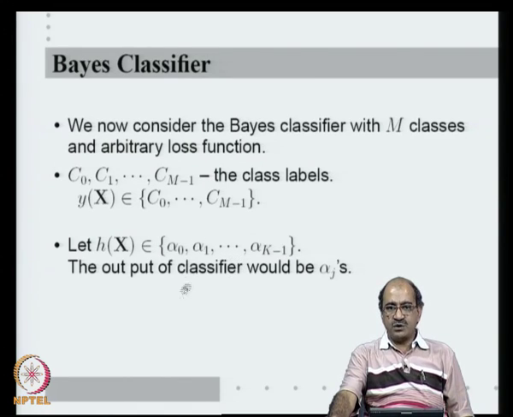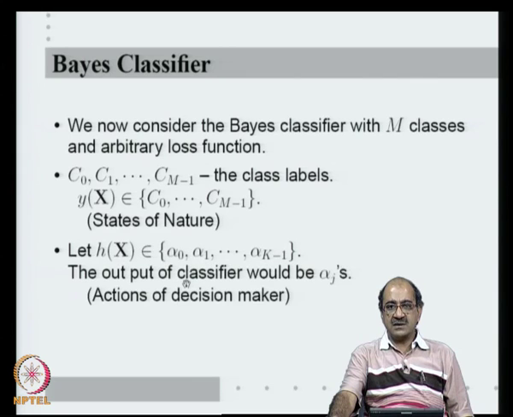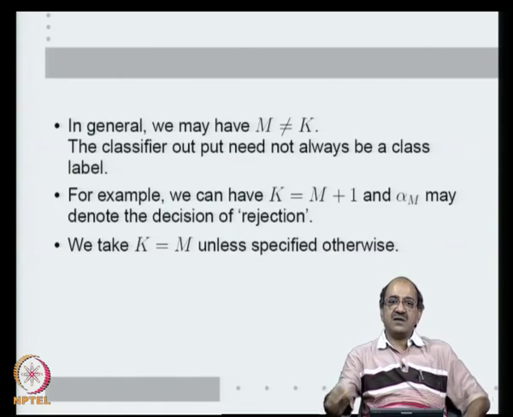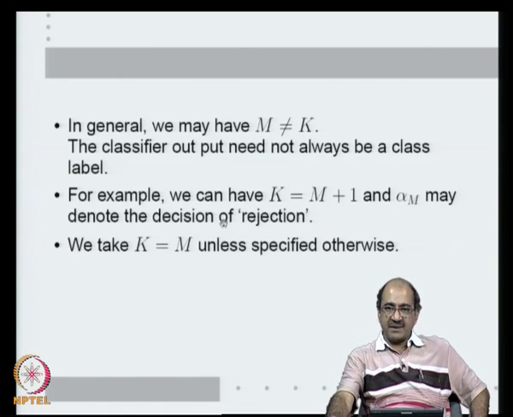The reason we put different symbols is that essentially we want to think of the class labels as the states of nature, which is not known to us, and the alphas are the actions of the decision maker. Alphas are what the classifier calls out. In general, of course, alphas can be class labels, but it is important to note that in general we do not have to have m equal to k.